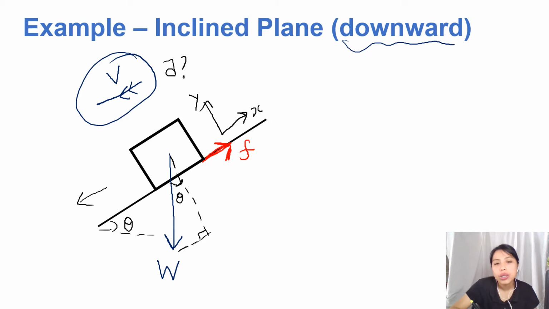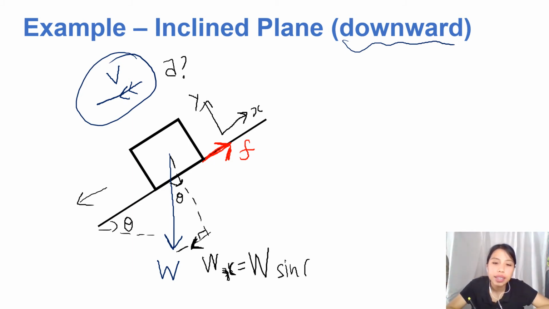So we're trying to find the component of W here in the new tilted x direction. So what is Wx? Think about triangles. Opposite over hypotenuse, so sine. So the force of gravity in this x direction is W sine theta.